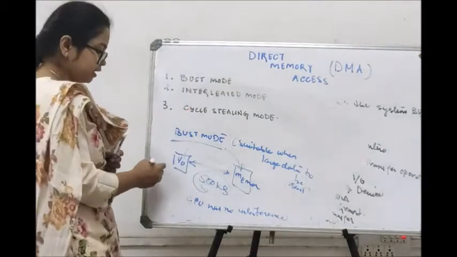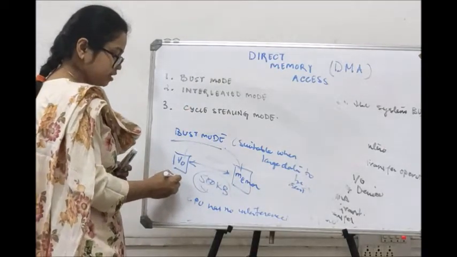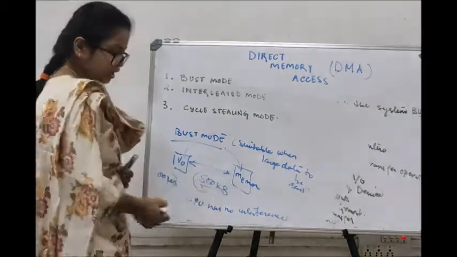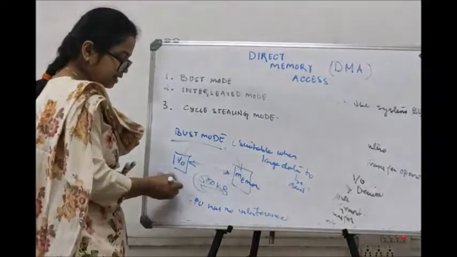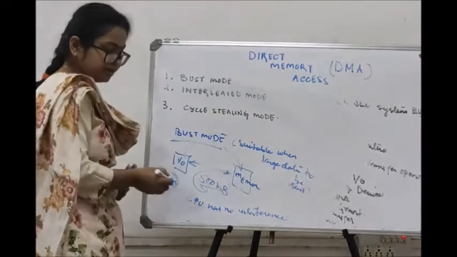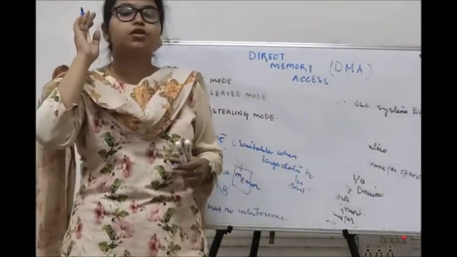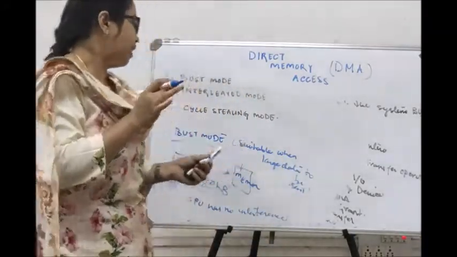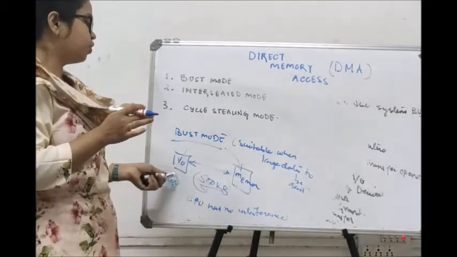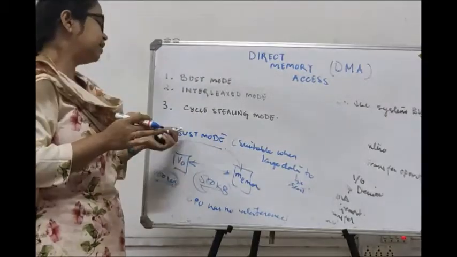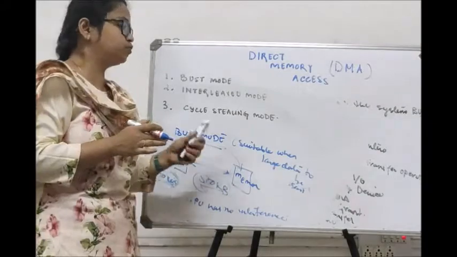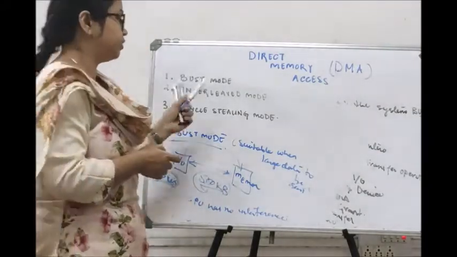Suppose it takes nearly 100 microseconds to transfer 500 KB, then in this entire time, CPU will not be taking part or have any role to play. Directly we can transfer data from IO to memory in such a case, in burst mode.